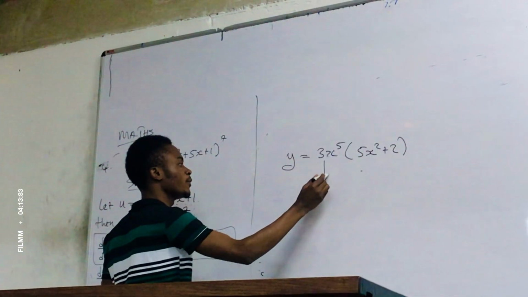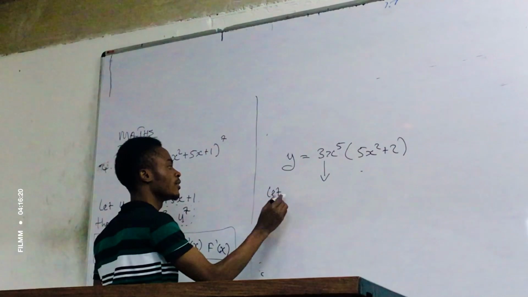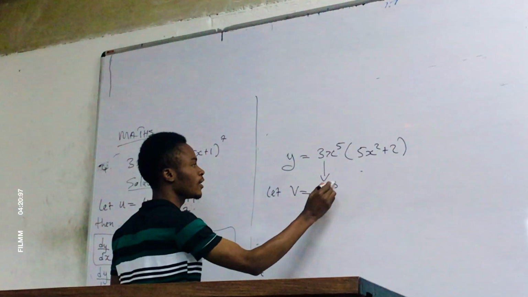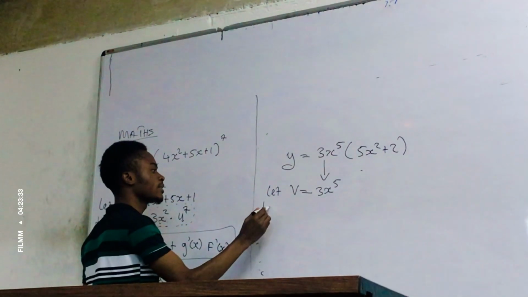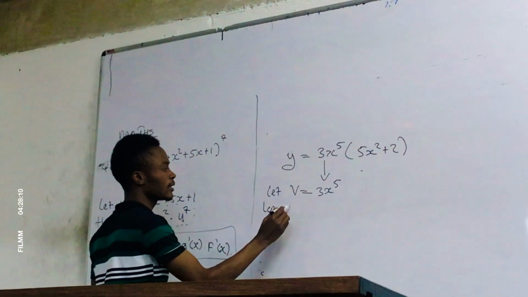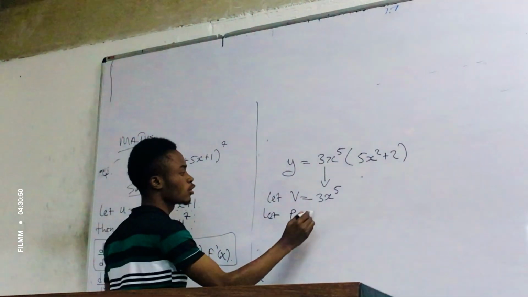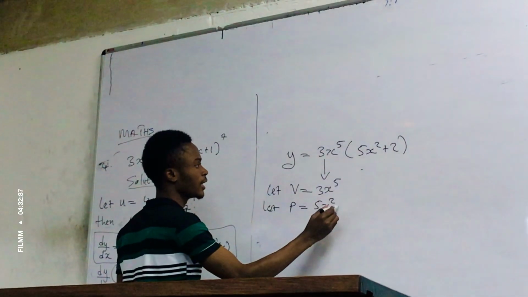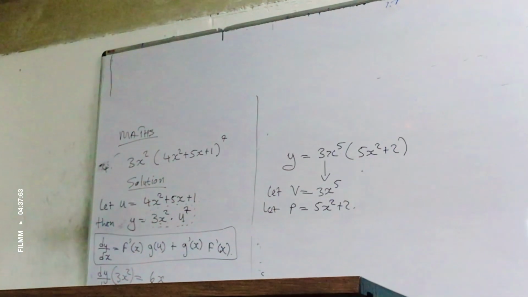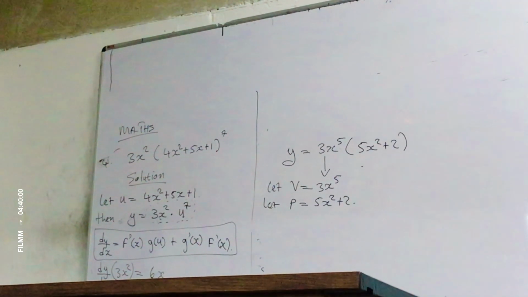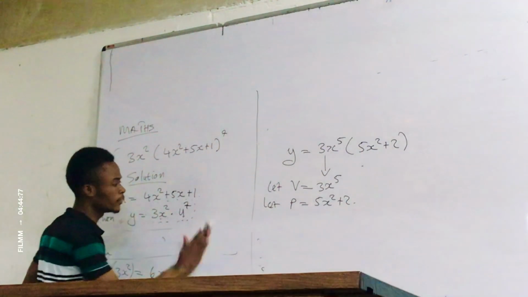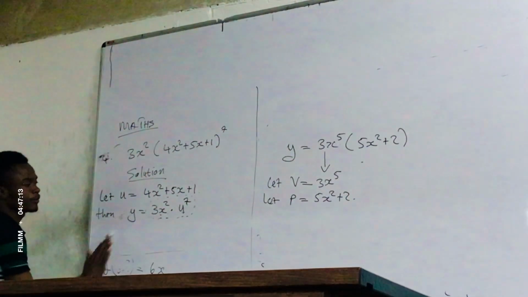So what you remember is you say, let v be equal to 3x to the power 5, and let u or s or p be equal to 5x squared plus 2. That's what you remember, right? Okay. So we can do the same thing here. Let me apply what you can remember.